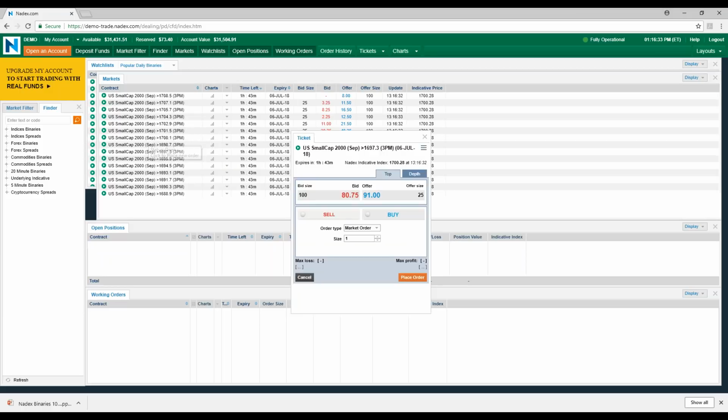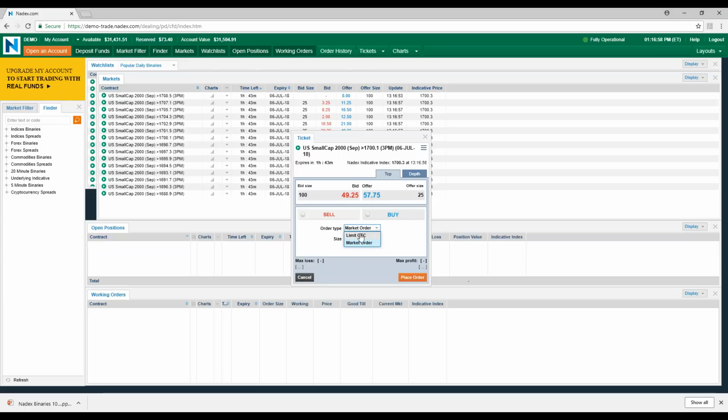Now, I'm going to open this one right here just as an example. You notice this ticket comes up, and it shows me the offer, what I can buy it for, and the bid, what I can sell it for. I can select buy or sell. Right here, I've got order type. I can do a market order, which is just place that order and get me in at the best possible price right now.